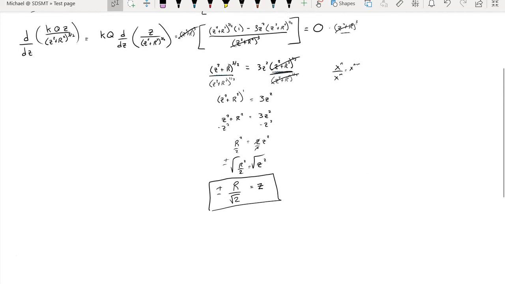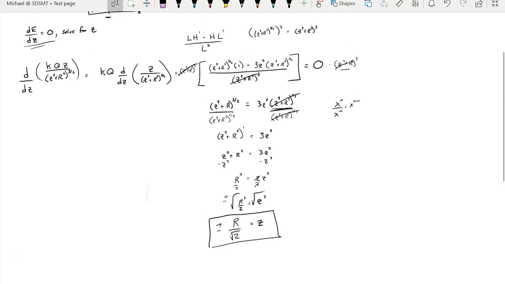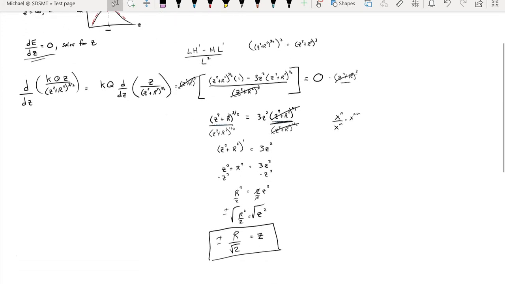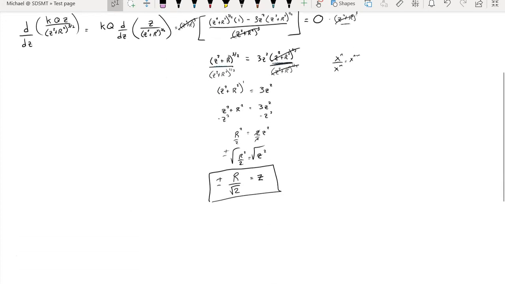Now, should we just drop that minus sign since we're looking for the magnitude of z? Does that minus sign even have a meaning for us? And it actually does.